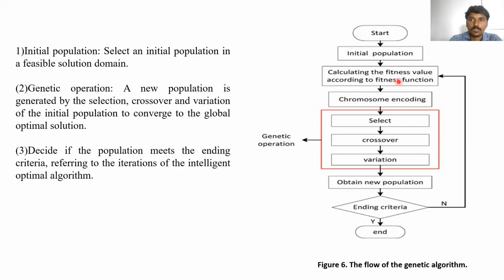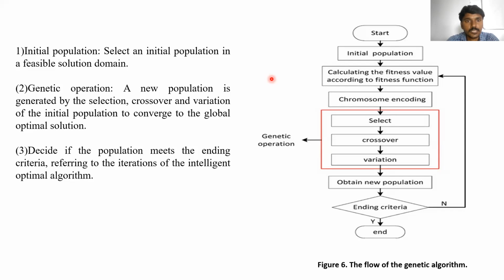Initial population, calculate the fitness value according to the fitness function, chromosome encoding, select, crossover, variation, obtain the new population, ending criteria, and end. Initial population: select an initial population in the feasible solution domain.